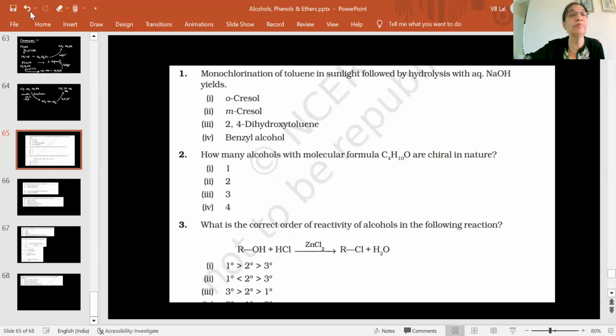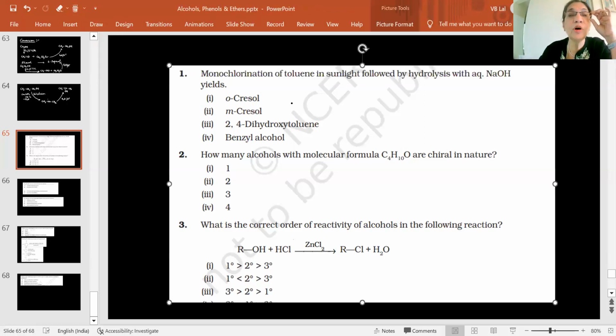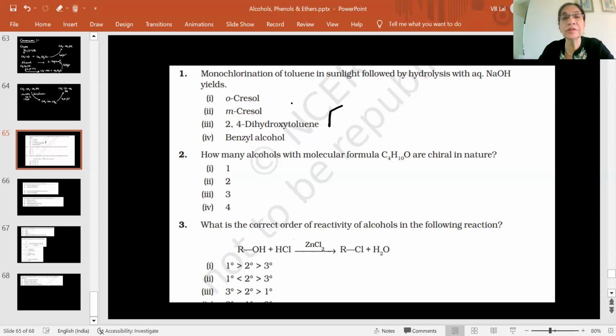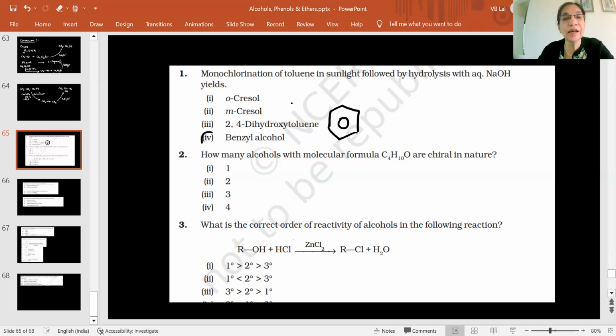Let me see who remembers how to answer it. Monochlorination of toluene in sunlight followed by hydrolysis with aqueous NaOH. So toluene is this. Yes, Hariharan. The answer is benzyl alcohol. Very good.